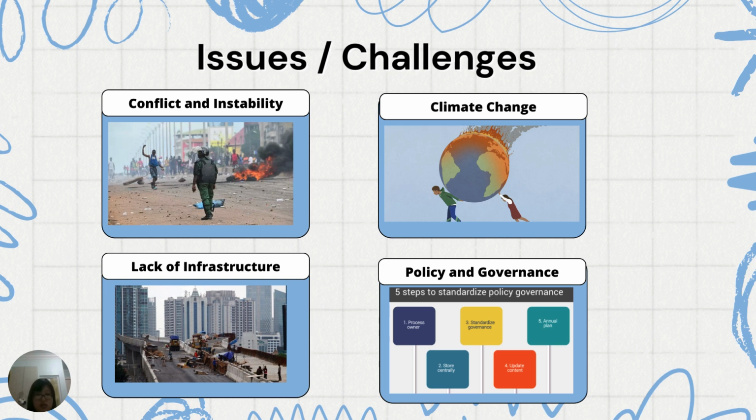Then the third issue is the lack of infrastructure. Examples include roads, storage facilities, and market issues. This can hinder the efficient production and distribution of food, especially in rural areas.